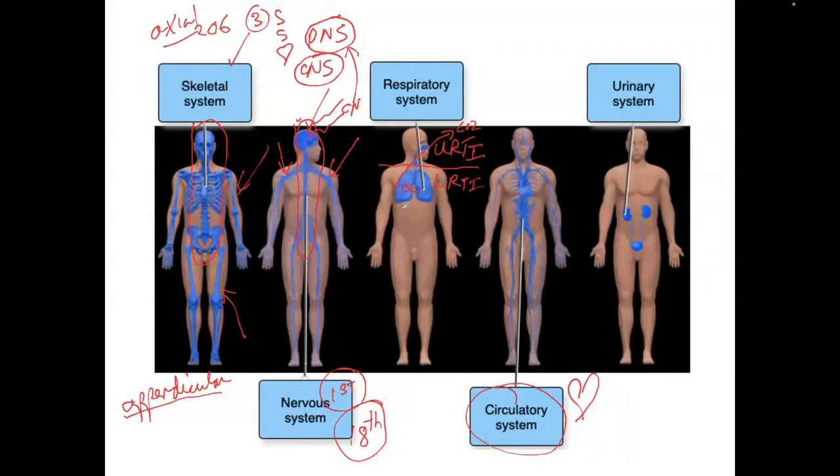The oxygen that we breathe in, we're going to find a way to bring that oxygen to each and every cell. And in the cell, there's an organelle. That organelle is called a mitochondria. And mitochondria is typically referred to as the powerhouse of the cell because it produces ATP, or adenosine triphosphate. This is the energy currency of the human body.